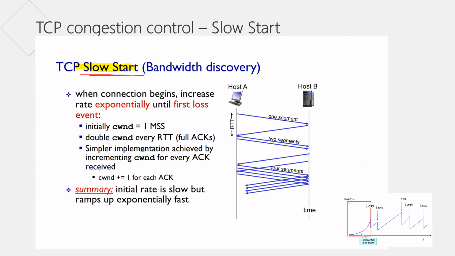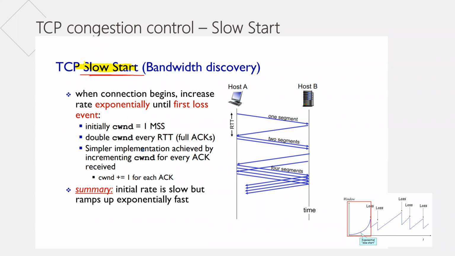We want to find the maximum speed we can maintain for our computer, right? We want to send as much as possible at the same time, but we don't want the traffic to be congested. So how can we find the maximum speed?